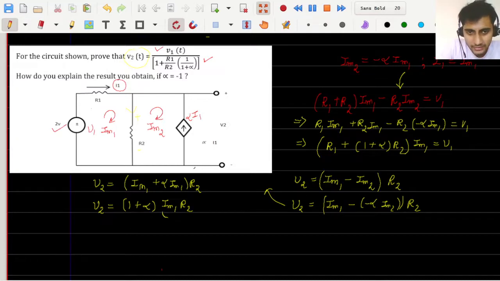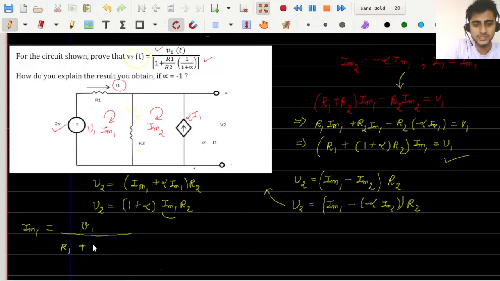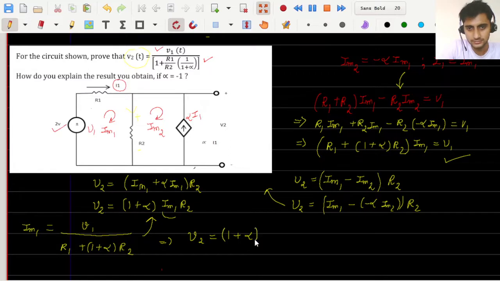And the value of Im1 we can put from this equation, because Im1 is equal to V1 upon R1 plus (1 plus alpha) times R2. And if I put this value in the equation above, I can write that V2 is equal to (1 plus alpha) R2, and Im1 can be replaced with V1 upon R1 plus (1 plus alpha) times R2.